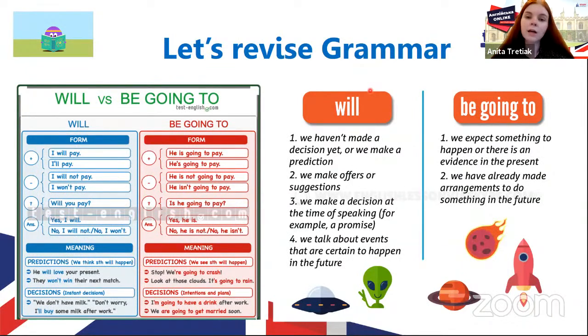And then you're just saying something like, I think in 50 years, people won't drive cars. Robots will drive cars. Well, can you say for sure that it's going to be true? Not really. This is your prediction. And if you just predict something, you cannot say for sure, you use will. Or the next situation, we haven't made a decision yet.